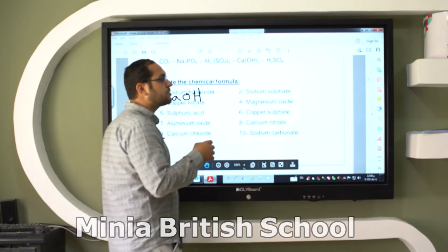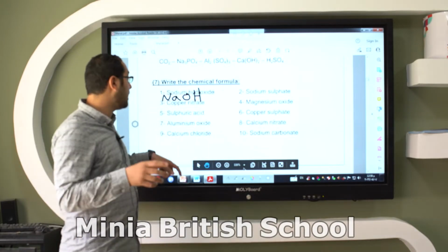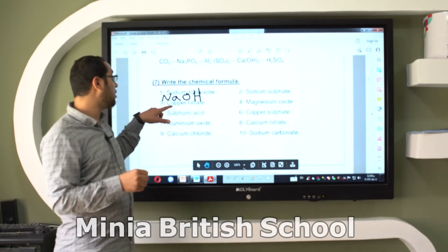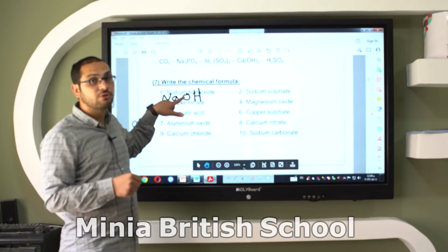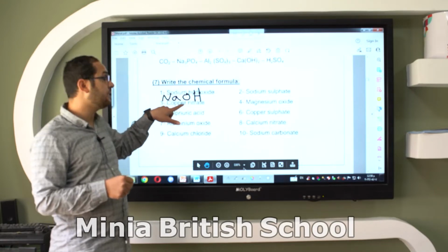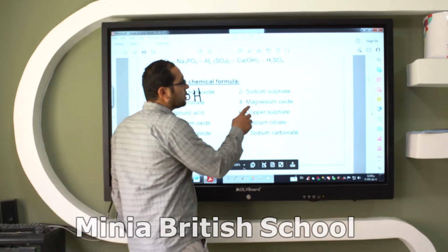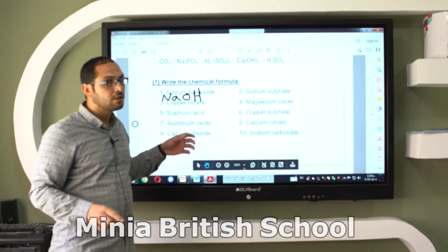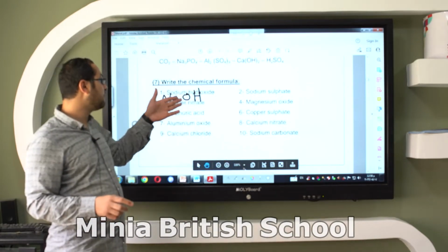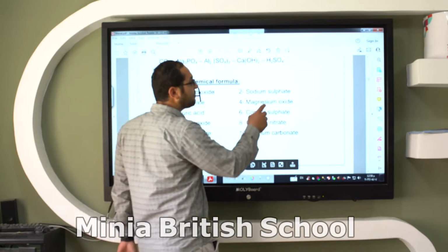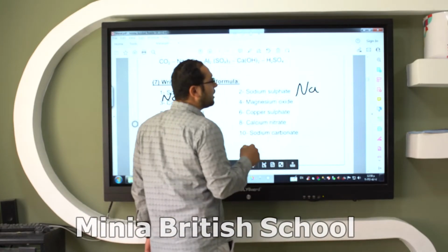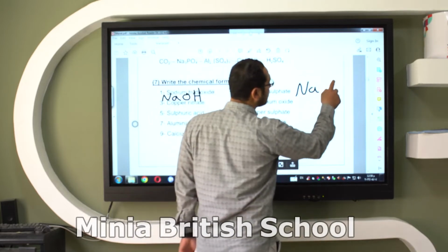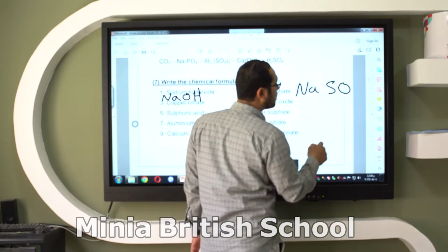Number 2, sodium sulfate. You must know the valency of sodium is 1 and the valency of OH, or hydroxide, is 1, so we do not write the valencies in both of them. For sodium sulfate, the symbol of sodium is Na, and the sulfate is SO4.